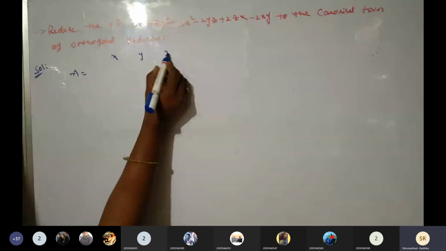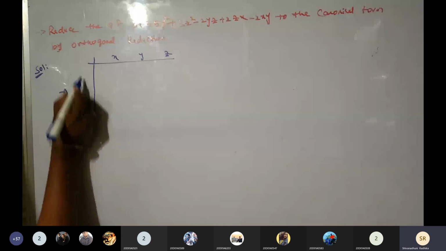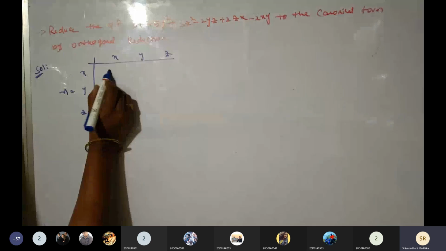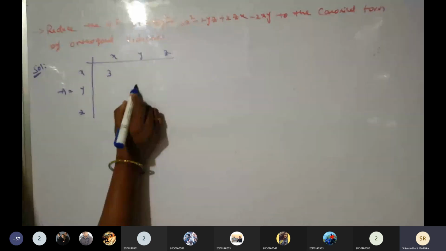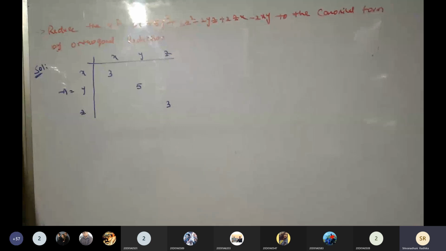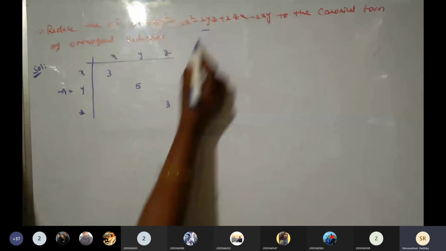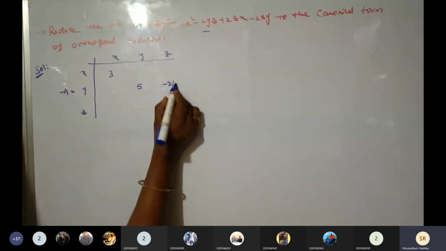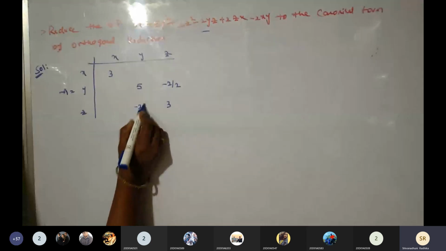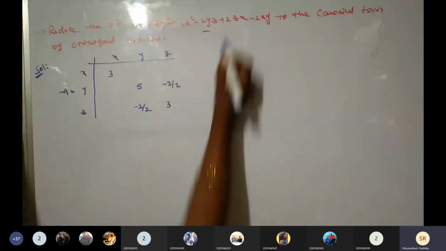The x square coefficient is 3, the y square coefficient is 5, the z square coefficient is again 3. Now yz: the coefficient is minus 2, and we divide by 2, so this is minus 2 by 2. Is it clear?